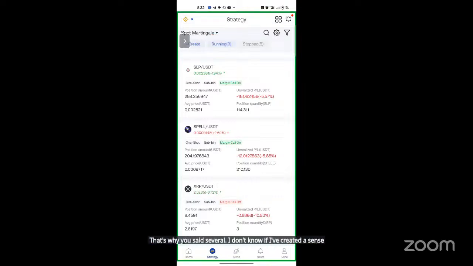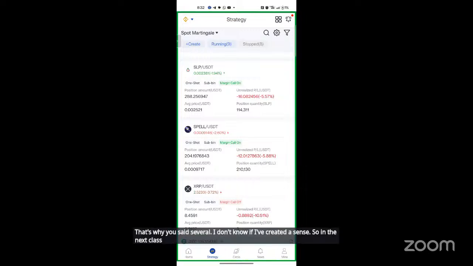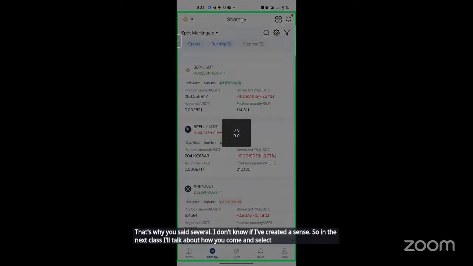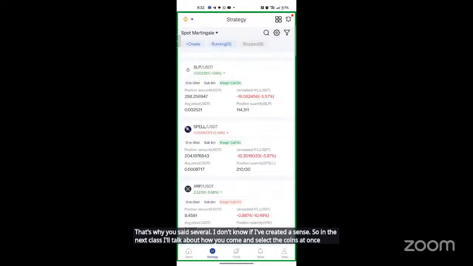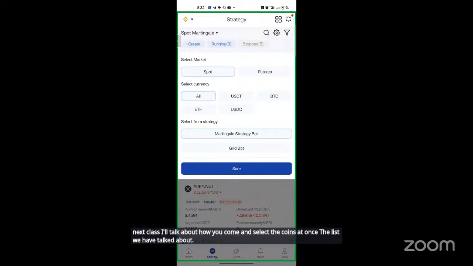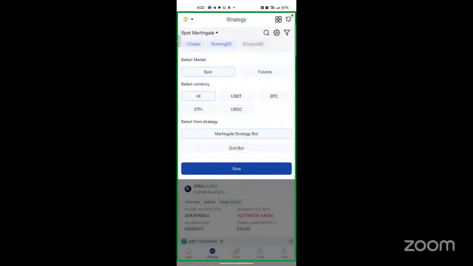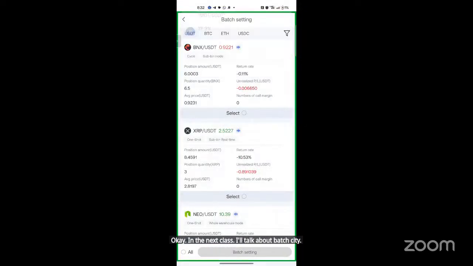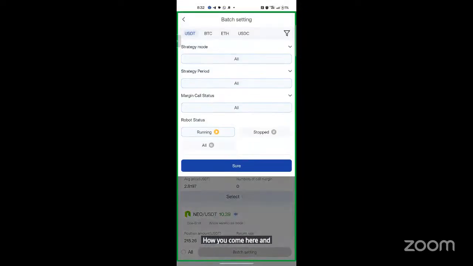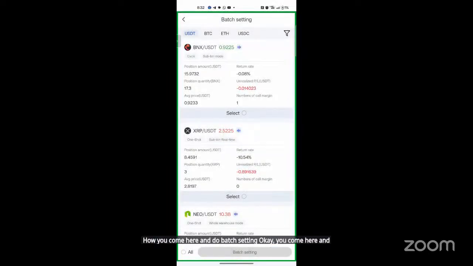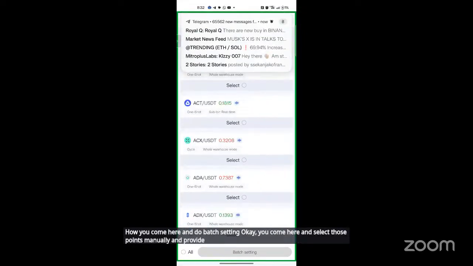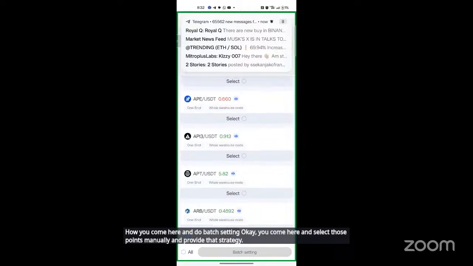So in the next class, I'll talk about how you come and select the coins at once, the list we have talked about. In the next class, I'll talk about batch setting, how you come here and do batch setting. You come here and select those coins manually and provide that strategy to 30 coins at once.